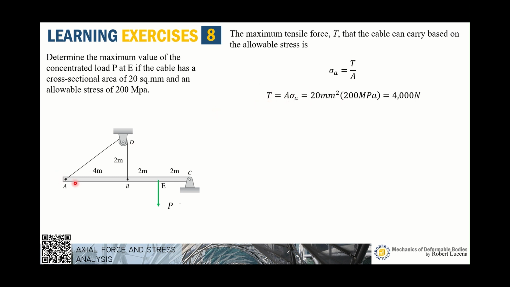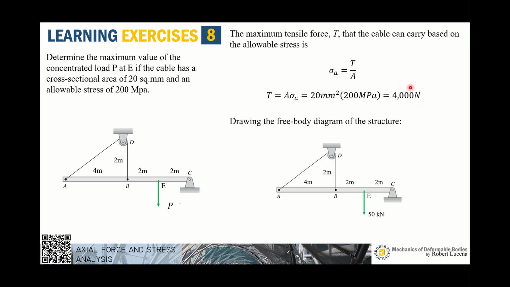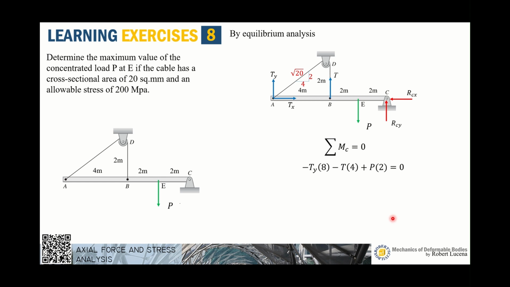This is somewhat an investigation on how much internal reaction that material can carry. So that is 4,000. If the value of T is at maximum of 4,000, going back to the free body diagram of the object, we replace T with 4,000 and then we can solve for the value of P. So, substituting the value of T in this equation and performing summation of moment at C, that is equal to negative Ty times the distance of 8.